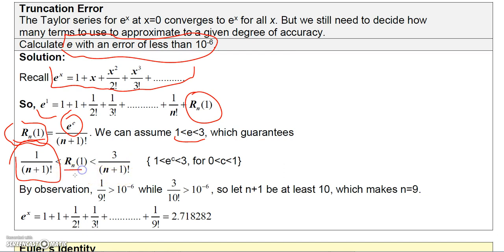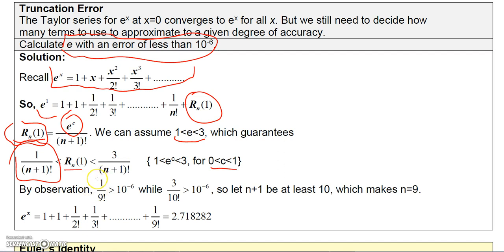And that's because if c is a number between 0 and 1, then e to the c would be a number between 1 and 3. So maybe I cleared that up there for you. So the remainder has to fall between 1 over (n plus 1) factorial and 3 over (n plus 1) factorial.